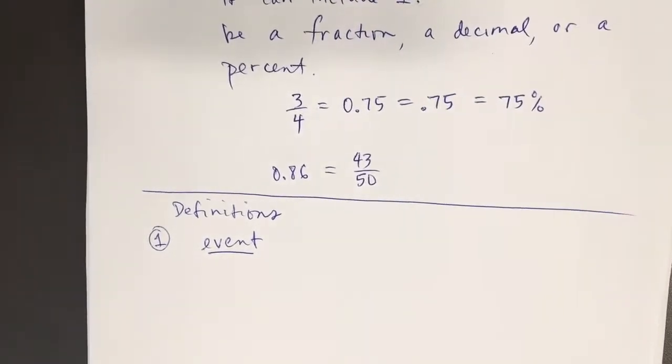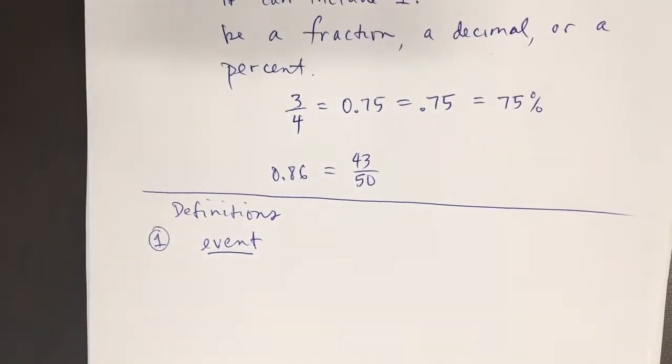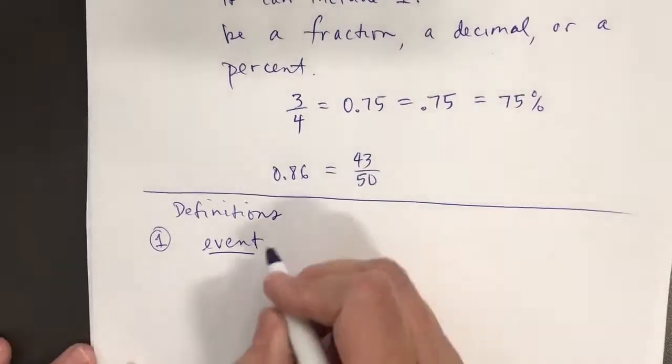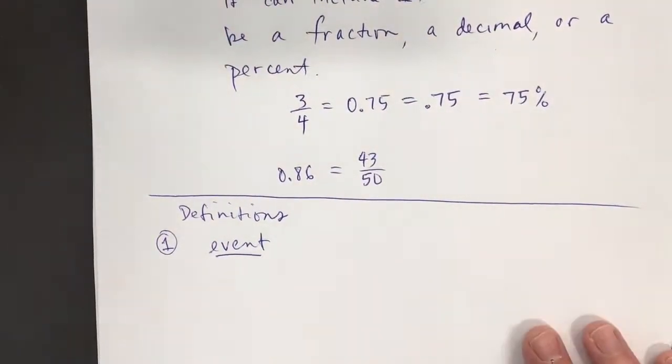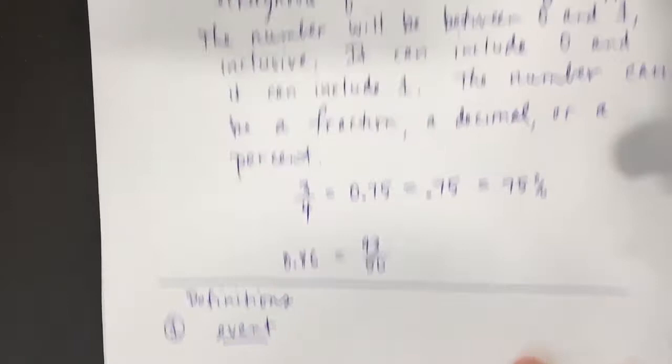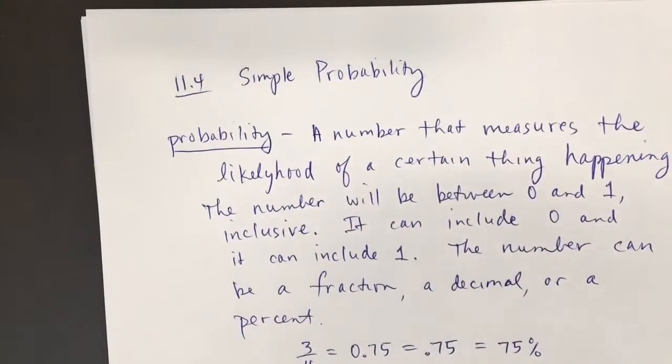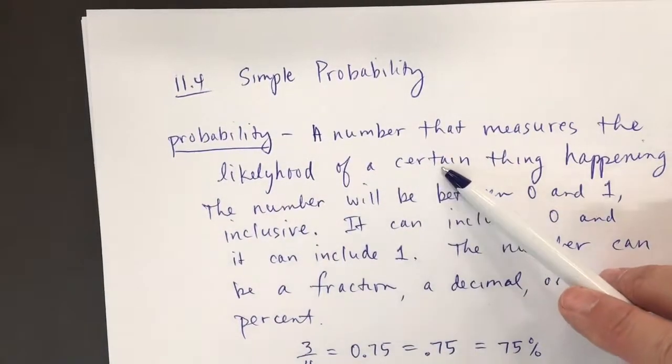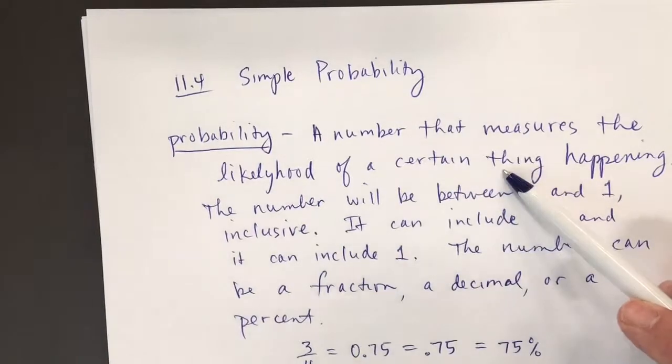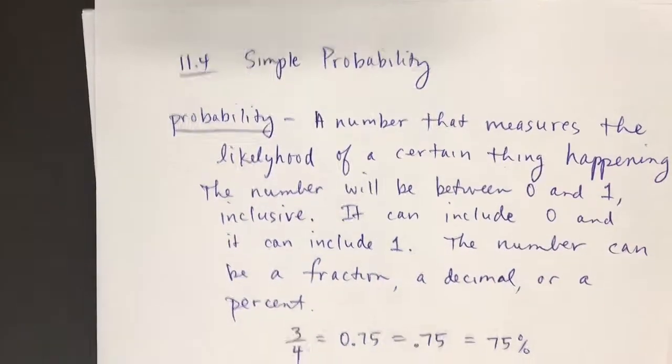An event in a probability problem is something we are observing that we want to calculate the probability of. So in my little definition of probability, I use this certain thing. That's an event.